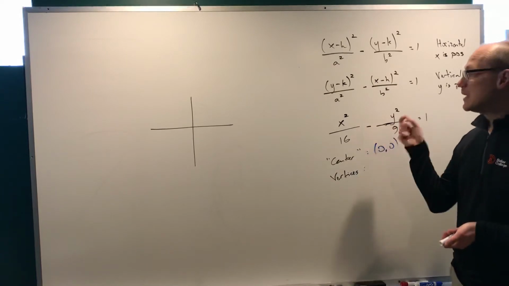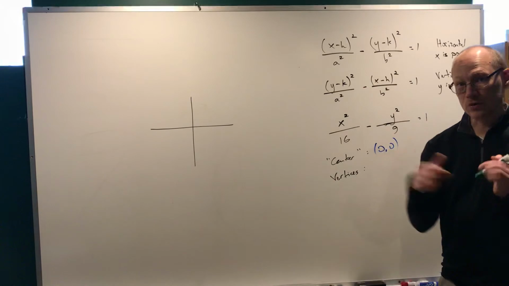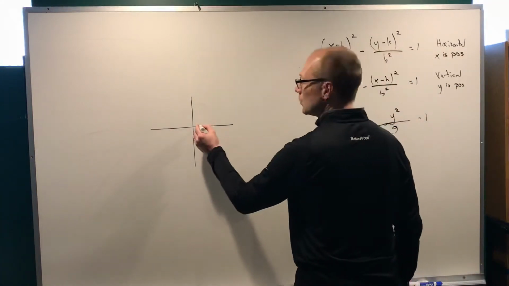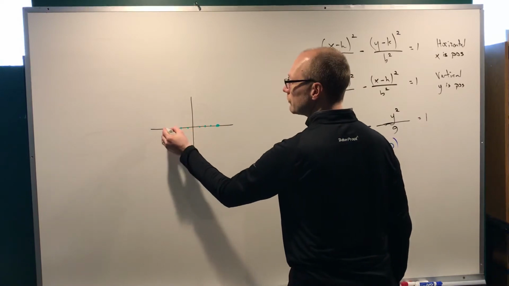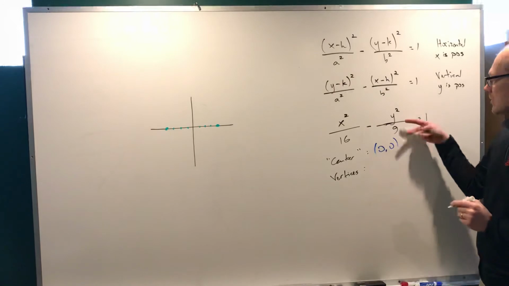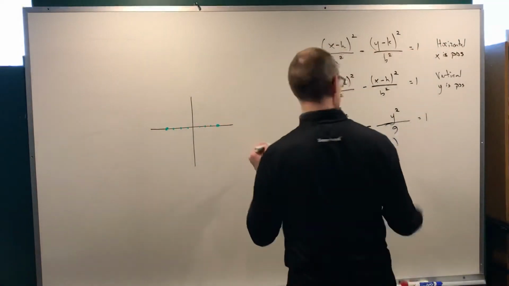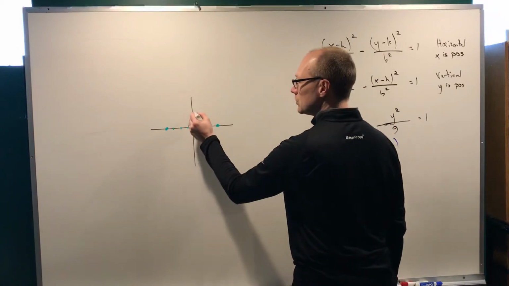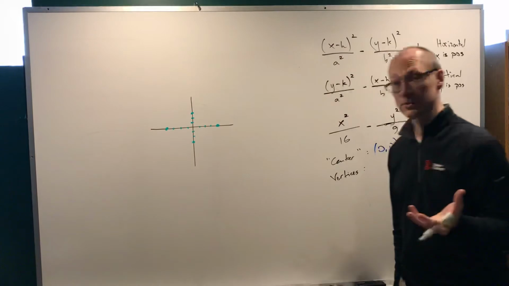So from the center in the x direction, I'm going to go 4 out both ways. 1, 2, 3, 4, there's a point. 1, 2, 3, 4, there's a point. And then in the y direction, I'm going to do the same thing. It's 9, so the square root is 3. 1, 2, 3, there's a point. 1, 2, 3, there's a point. So it's very similar to the ellipse at this point, right?